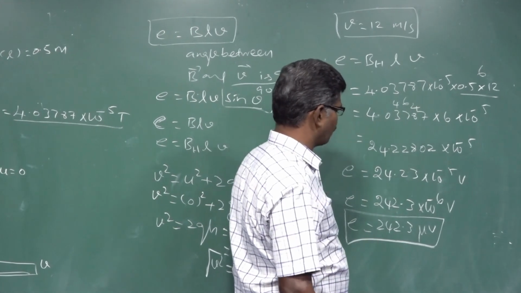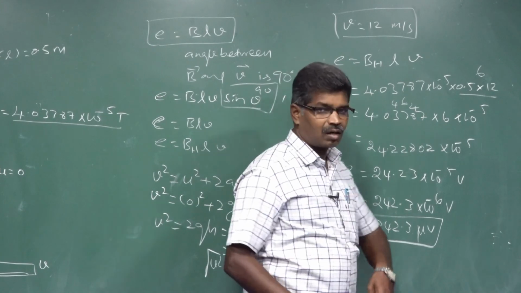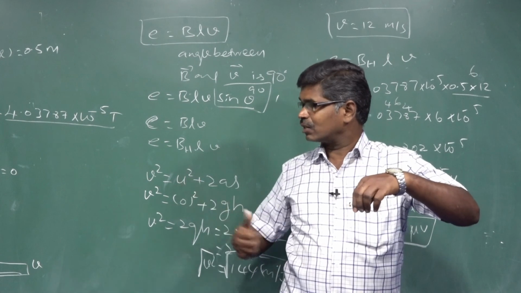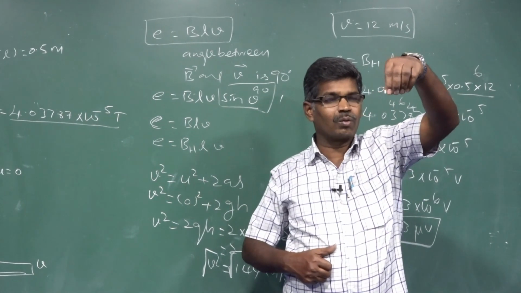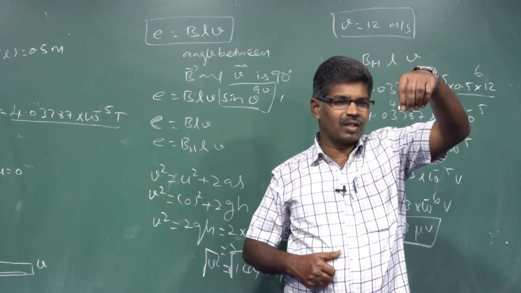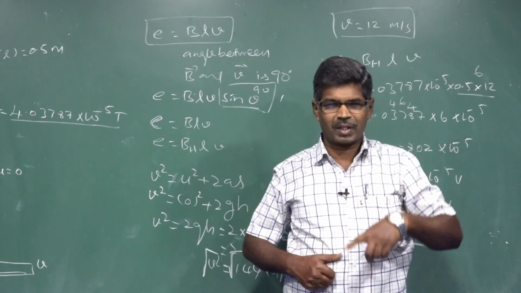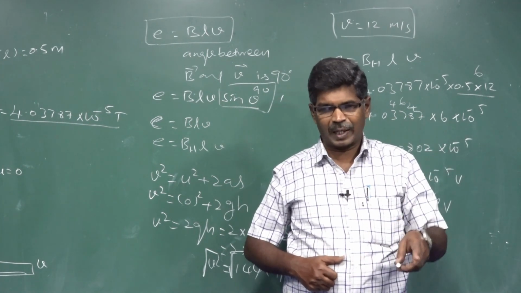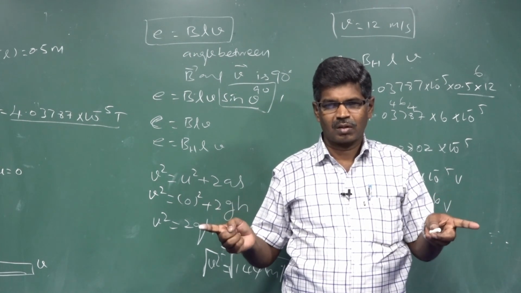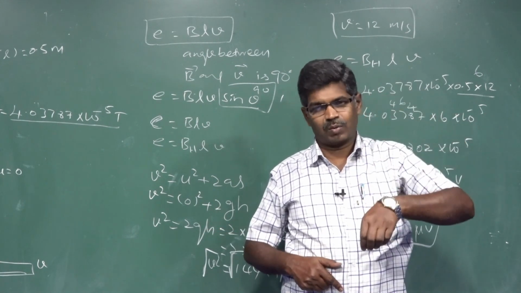The value is 242.3 microvolt. So if you take a rod at a height of 7.2 meter, which has 0.5 meter length, and leave it perpendicular to the earth's horizontal component of the magnetic field, at that time EMF is induced at the ends of the rod because the rod is cutting the magnetic lines of force.